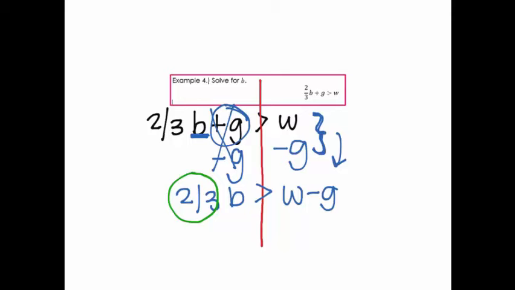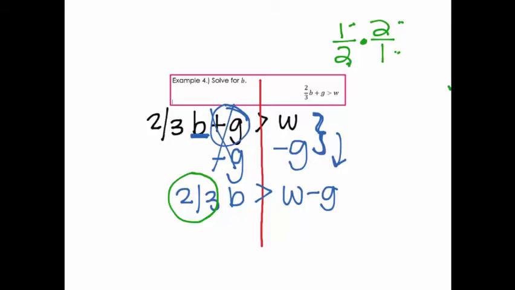For example, if I had the fraction 1/2 and I multiplied it by 2/1, the reciprocal, notice I moved the denominator to the numerator and the numerator to the denominator. When you multiply fractions, you multiply straight across.